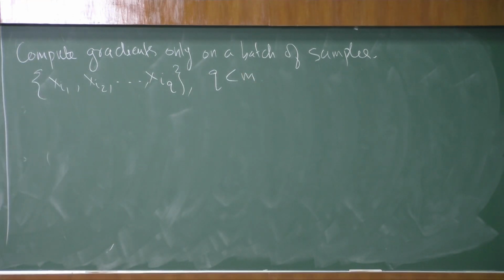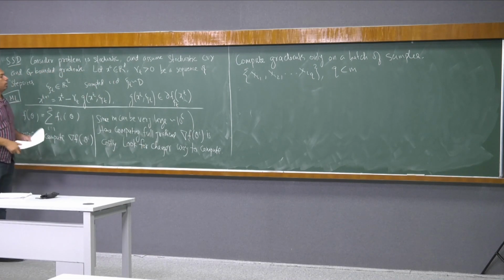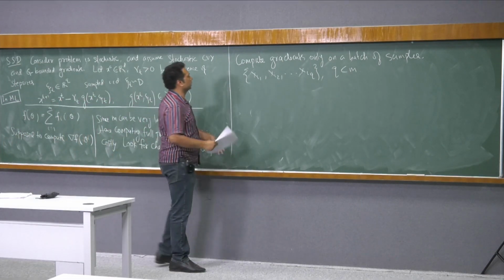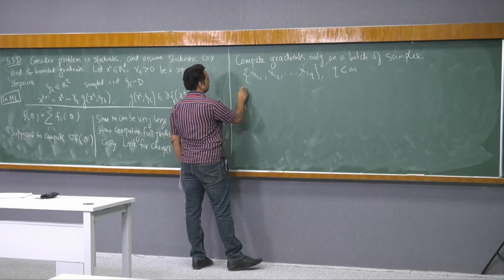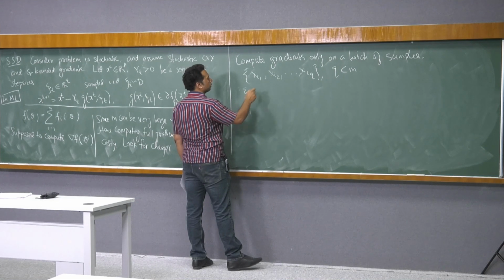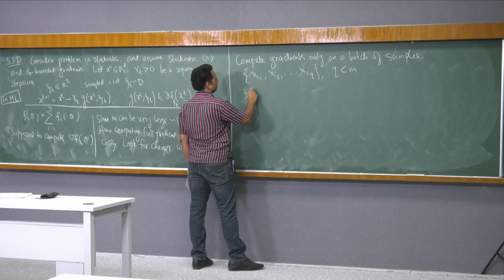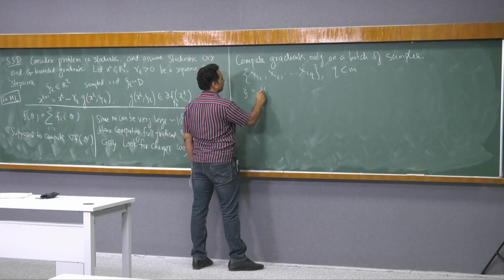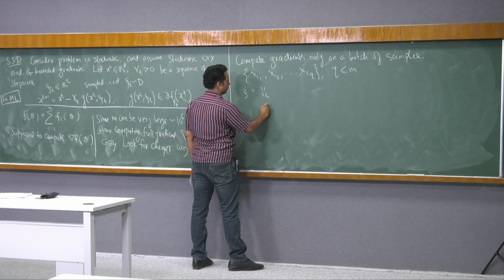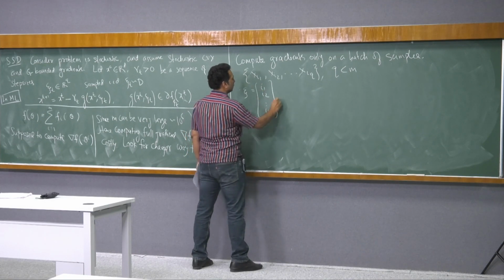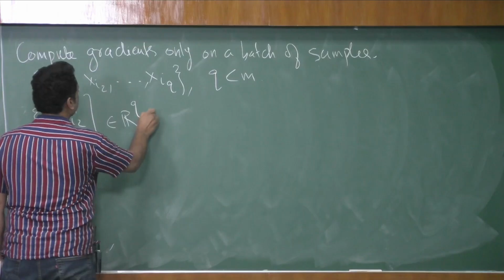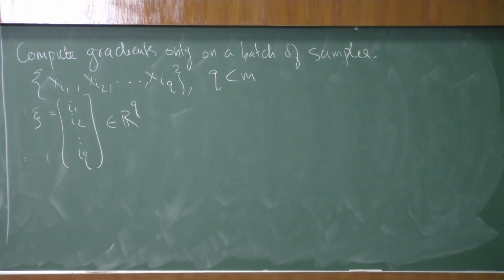The xi could be seen as a random variable that picks these indices. So xi here I will see as a vector in R^d, and this I will see as a vector of indices i1 to iq.